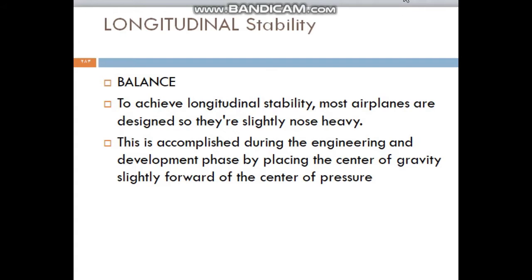This is accomplished during the engineering and development phases by placing the center of gravity slightly forward of the center of pressure. What's the meaning of the center of pressure?